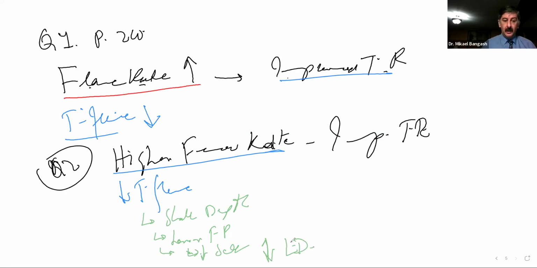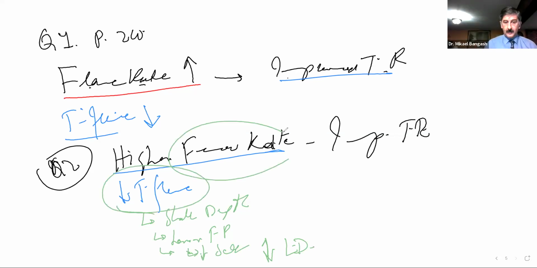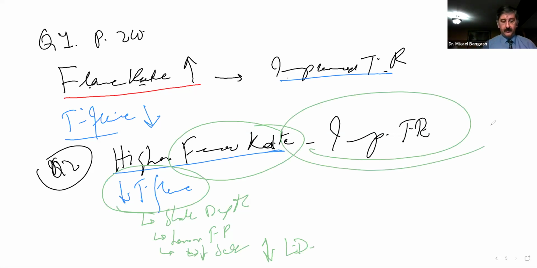All these will contribute to a lower T frame, which means a higher frame rate, and will improve this. Is that clear?